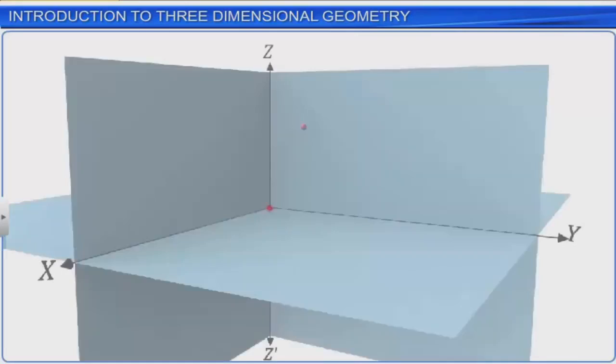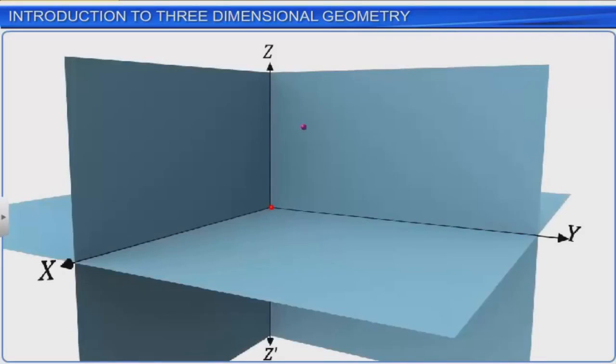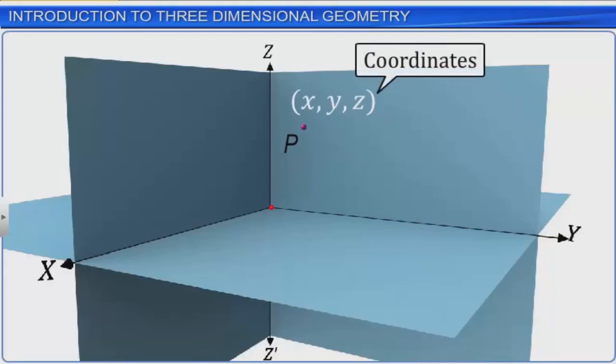Any point in space is represented with the help of the distances that it measures with respect to the planes. These distances are called the coordinates of the point. Suppose we have a point P in space. The coordinates of this point are x, y, z. Each coordinate individually indicates the shortest distance of the point from the corresponding plane.